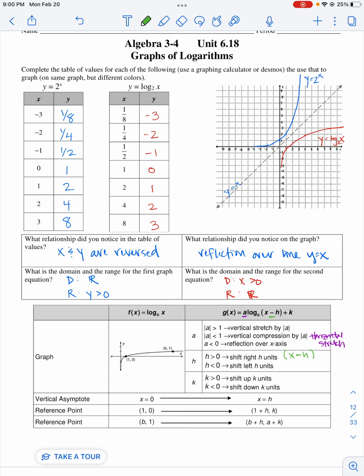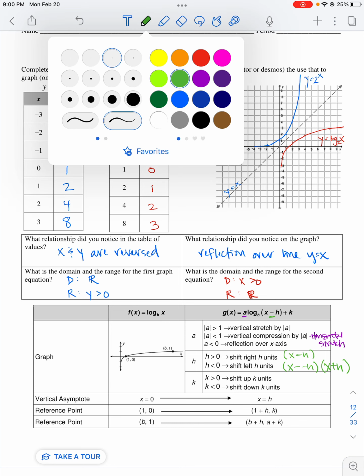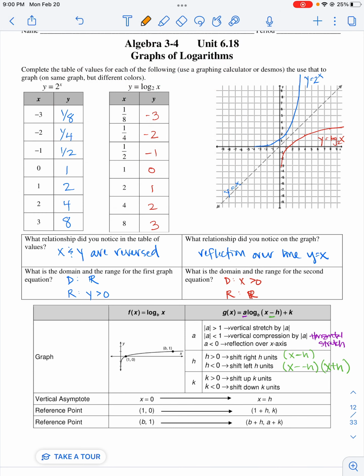Now, when h is negative, in other words, when it says x minus a negative h, or x plus h, I'm going to see a shift to the left h units. And finally, when I have a plus k, if k is greater than 0, I'm going to see a shift up, and if k is less than 0, I'm going to see a shift down k units.